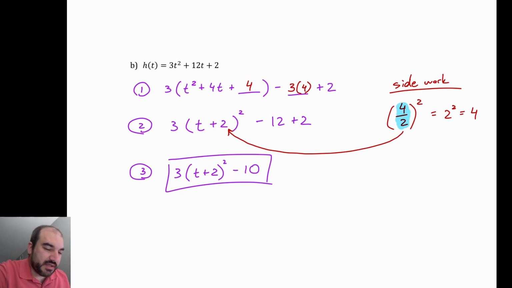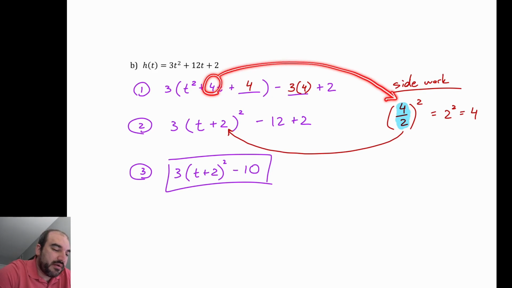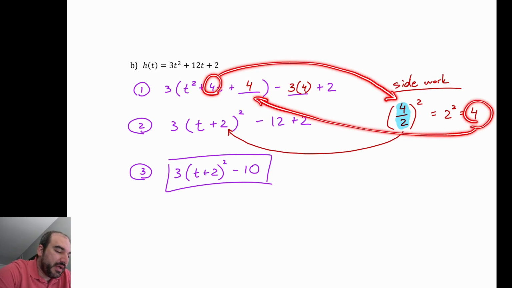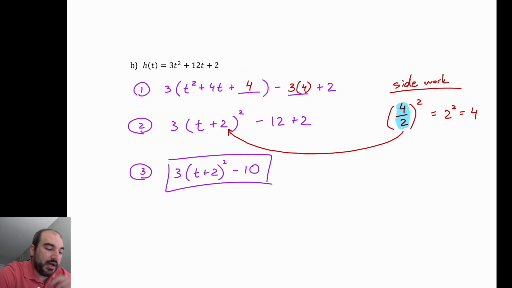Right, that's the process. I know the first thing we did had like 17 steps, but it's really not that complicated. It's factoring out the number because we don't want the a to be involved, and then putting a plus blank minus blank, figuring out what goes in the blank by taking the middle coefficient, dividing by 2 and squaring it, and then putting that into your blank, and then subtracting it outside, but remember that the 3 distributes into the parenthesis before you subtract it outside.